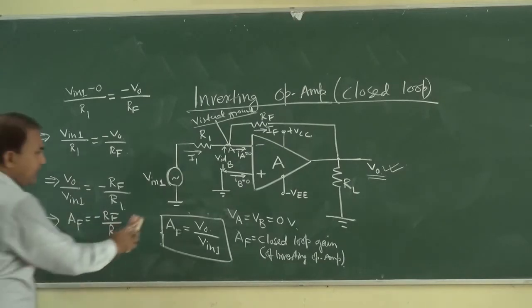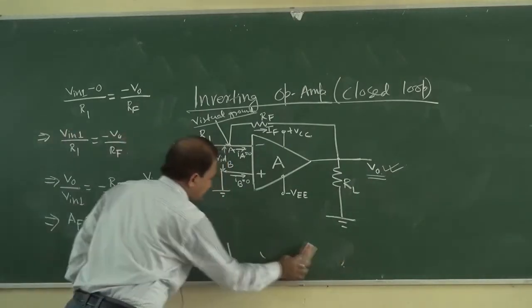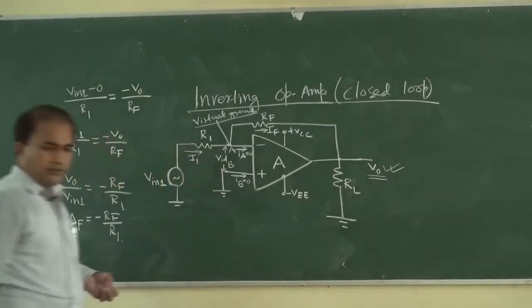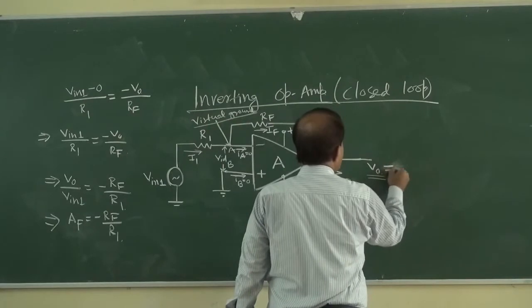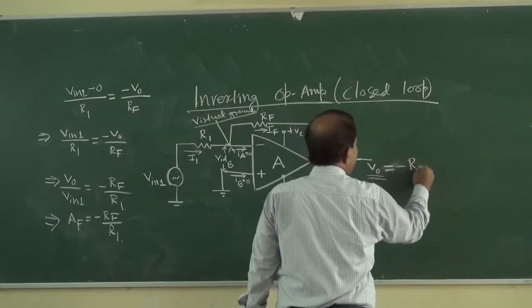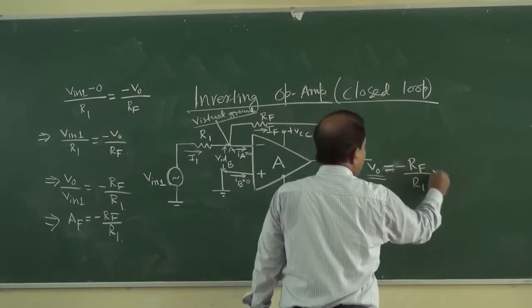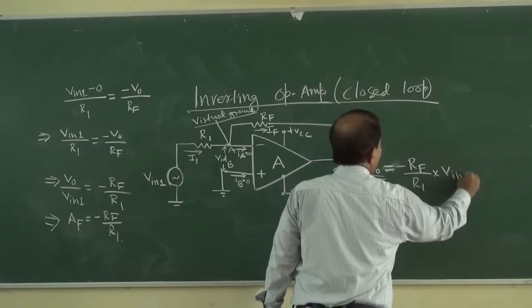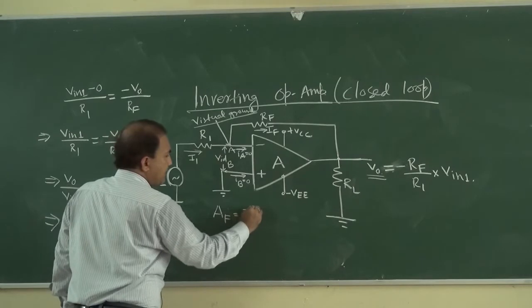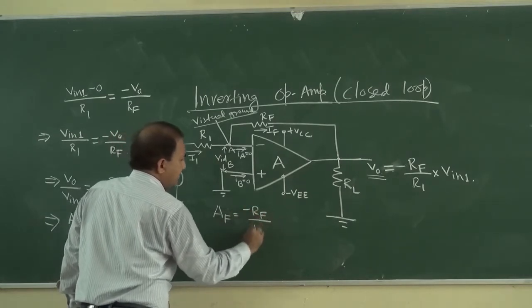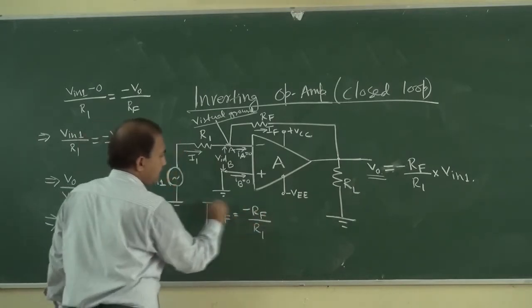So we can express Vout. Vout is equal to minus RF by R1 into Vin1. AF is equal to minus RF by R1.